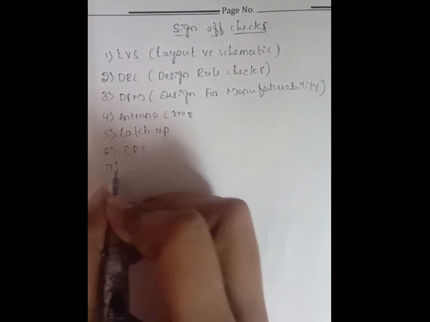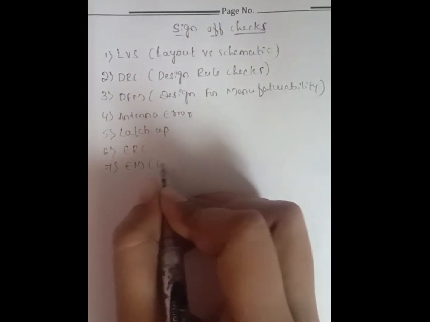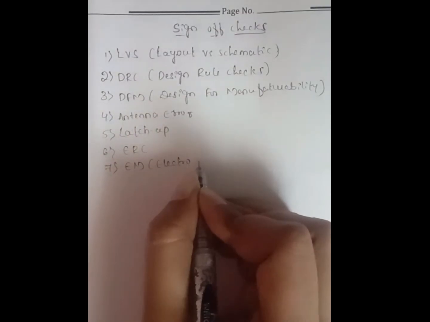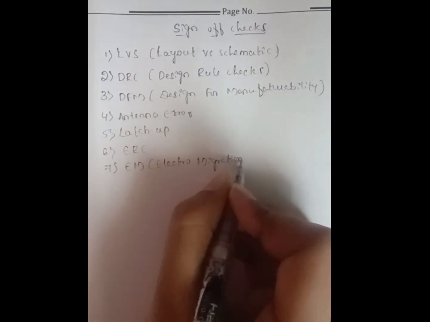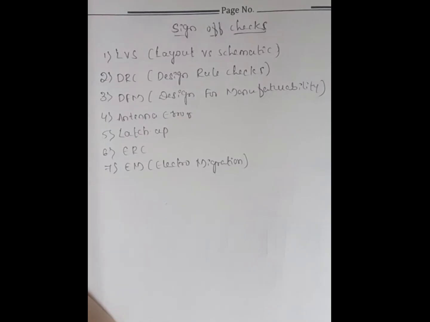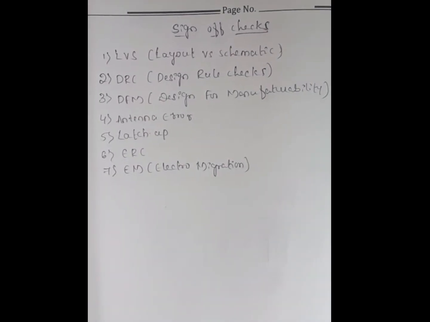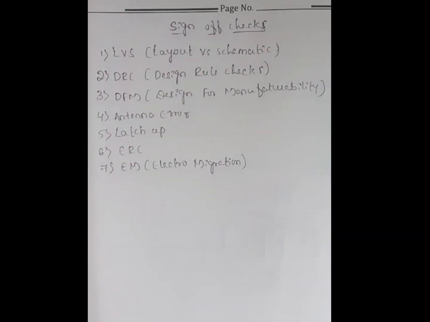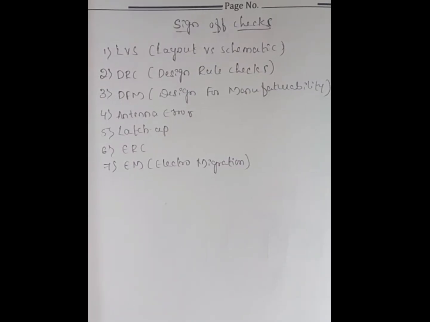Then EM, electromigration. If electrons start to migrate from one place to another due to high current density, it forms hillock-like structures or voids, meaning shorts or opens will occur.